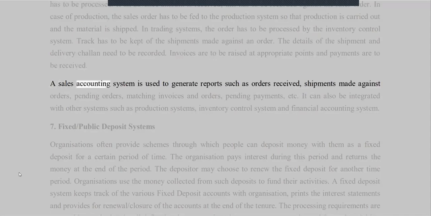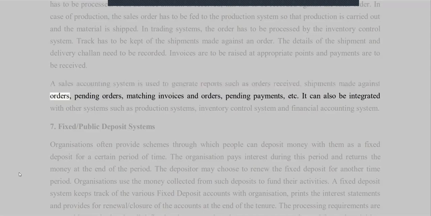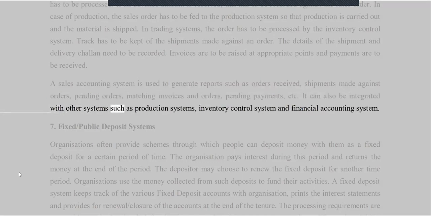A sales accounting system is used to generate reports such as orders received, shipments made against orders, pending orders, matching invoices and orders, pending payments, etc. It can also be integrated with other systems such as production systems, inventory control system, and financial accounting system.